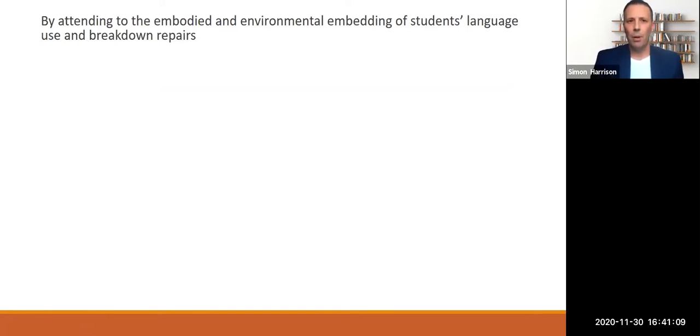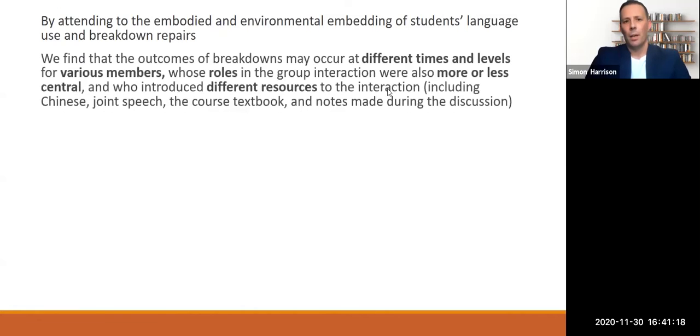So by attending to the embodied and environmental embeddedness of students' language use and breakdown repairs, we find that the outcomes of these breakdowns may occur at different times and levels for various members in the group whose roles in the group interaction were also more or less central and who introduced different resources to the interaction, including Chinese, joint speech, the course textbook, and notes made during the discussion on that sketch pad.